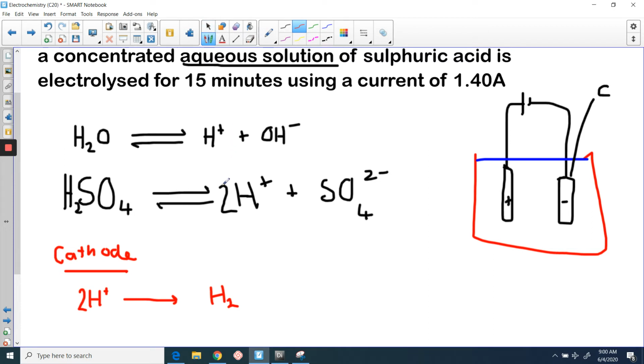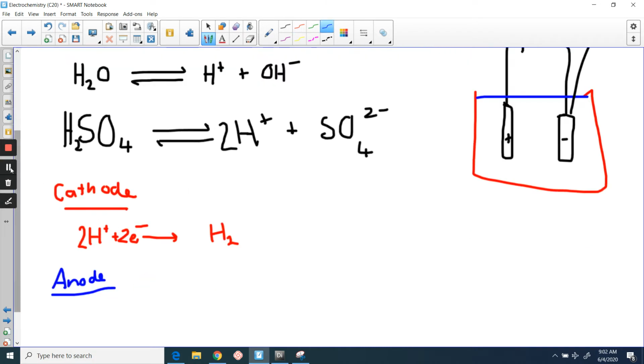I haven't shown what's going on with the electrons here, but if you've got 2 positive charges, then effectively what's got to happen there is you've got to gain 2 electrons to neutralize that and make the atomic form, okay, so I should have plus 2 electrons here. Now, why isn't it just plus 1 electron? Remember, you've doubled up the number of hydrogens here, haven't you? So it's plus 2 electrons.